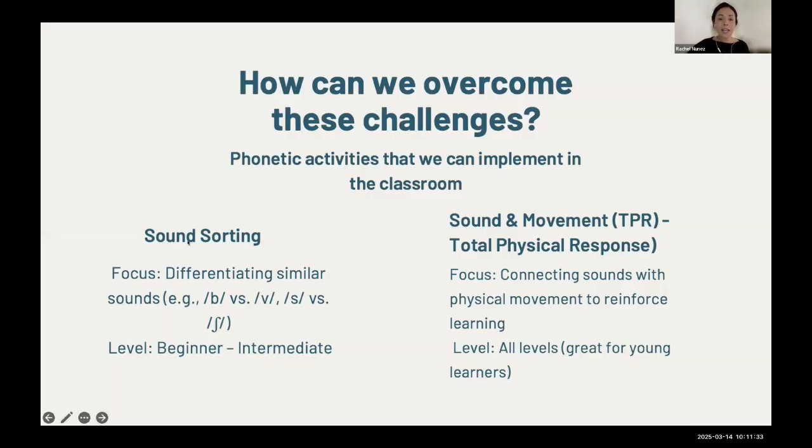This activity is geared towards beginner and intermediate learners. Then you also have sound and movement, which is TPR, total physical response, connecting sounds with physical movement to reinforce learning. This is really great for young learners, and I'm going to delve deeper into that in the next slide.